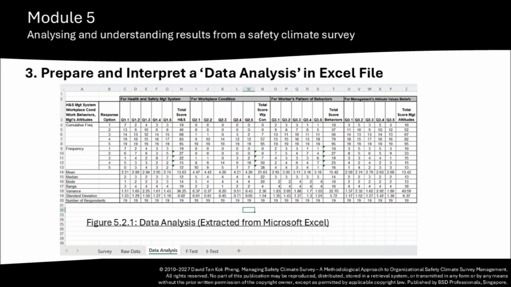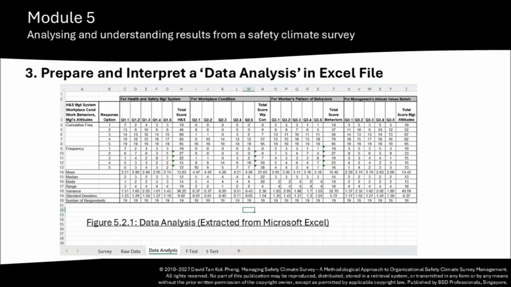These findings are supported by the standard deviation results. The Health and Safety Management System, 6.02, Workers' Safe Behaviors, 5.72, and Management's Attitudes, 6.37, all show relatively high variation in responses, while workplace condition shows much lower variation at 1.54.